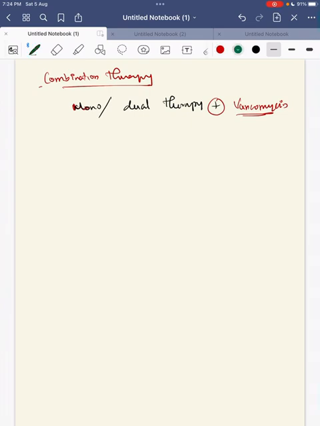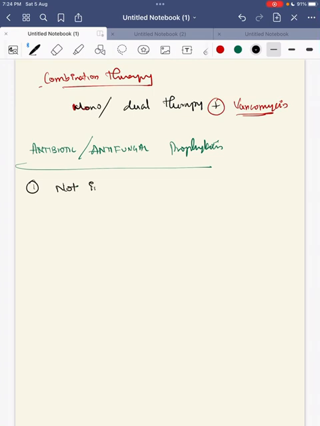Next, we have to look at in which child you will be using antifungal or antibiotic prophylaxis. Prophylaxis is not indicated for low risk patients.